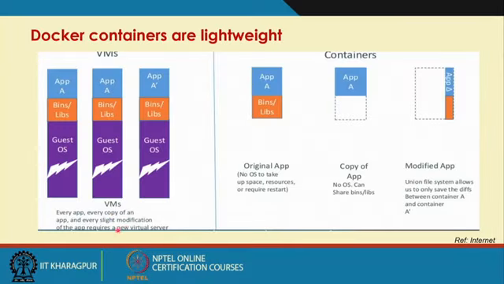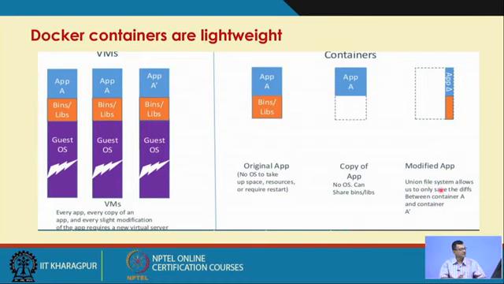On a VM, every copy of an app and every slight modification requires a new virtualized environment, whereas here a slight modification allows us to save only the difference between container A and container A dash, and that can be done at the container level.